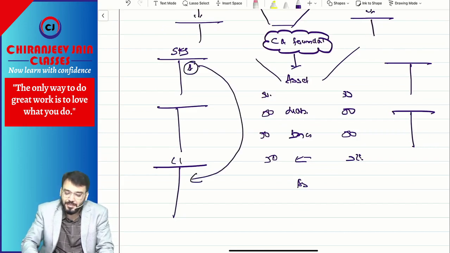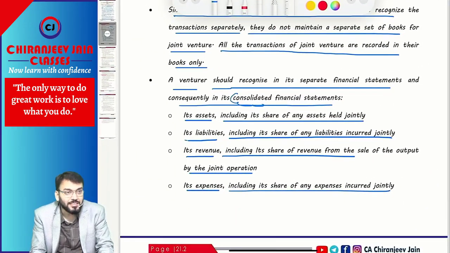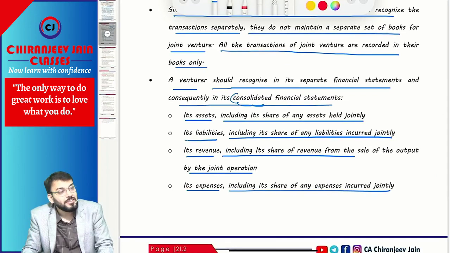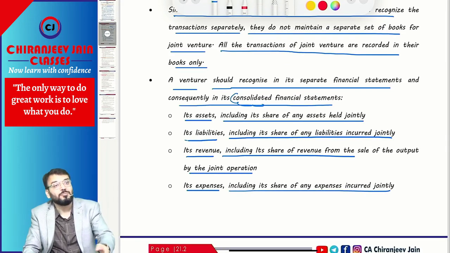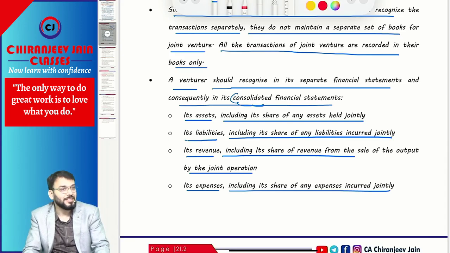Therefore it is mentioned that a venturer should recognize in his separate financial statement and consequently in the consolidated financial statement of the venturer. If they are not preparing CFS, it will not come.